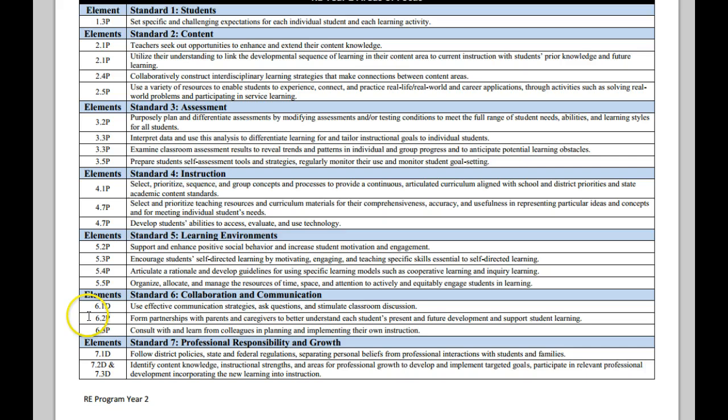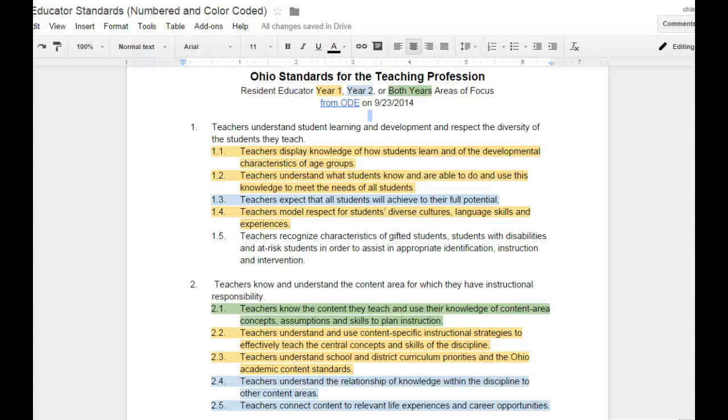Here, same concept, Year 2 standards, and it's difficult to see how they flow together, so I created a list of all of the standards simply together but color-coded.